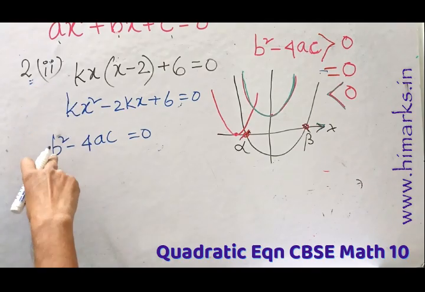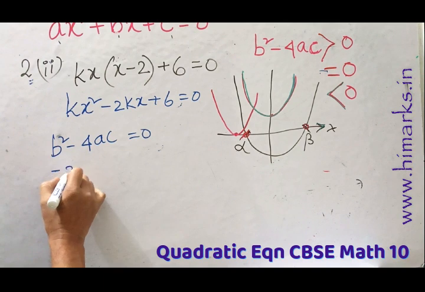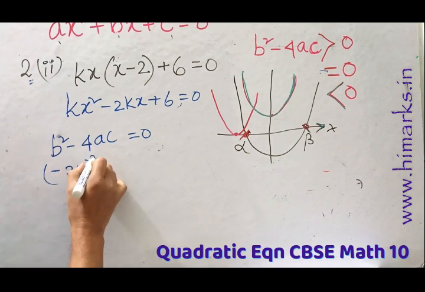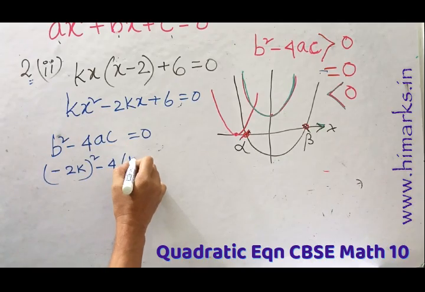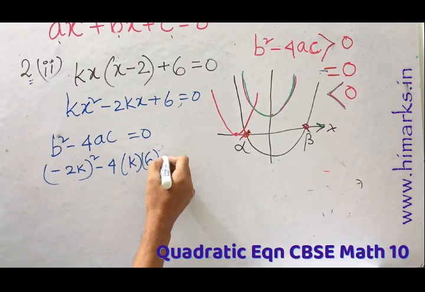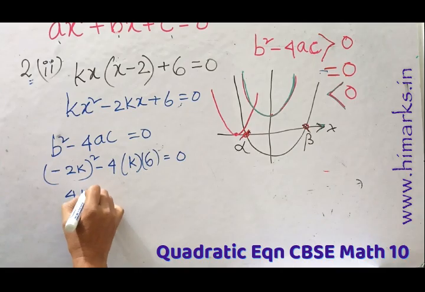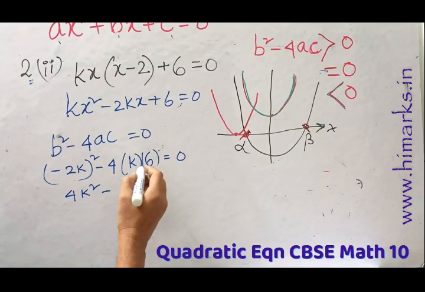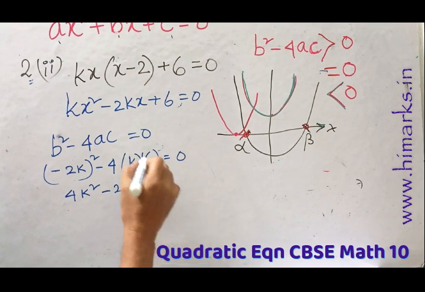So what is b here? It is minus 2k. Minus 4, what is a? a is k here, c is 6. So this is 4k square minus 4 into 6 into k, that is 24k, equal to 0.